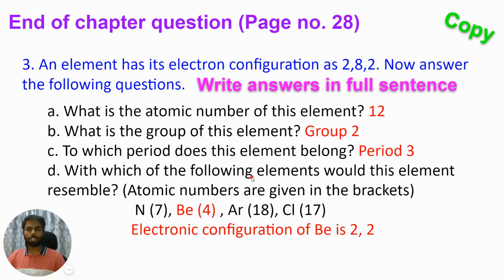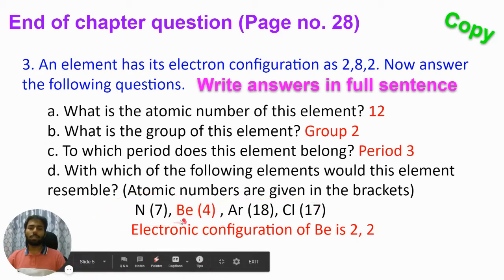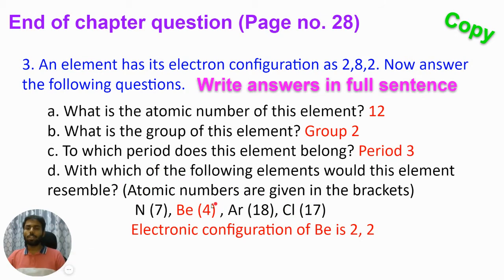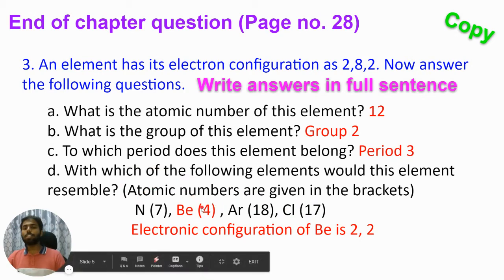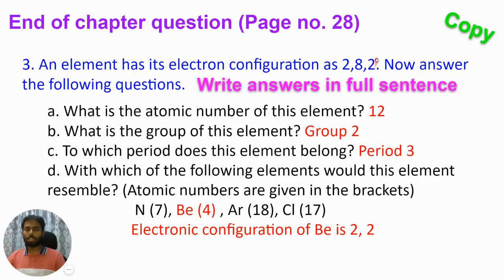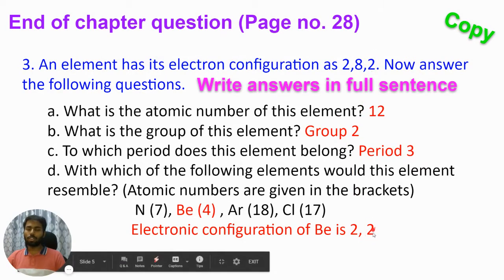Okay. Next, with which of the following elements would this element resemble? Resemble means it is similar. It will have similar properties to which of the following elements. Here they have given elements, and in the bracket they had also given you the atomic numbers. So the answer is beryllium, and the reason is you just try to find out the electronic configuration of beryllium. Electronic configuration of beryllium is 2, 2, right? So here also it has 2 electrons in the last orbit.